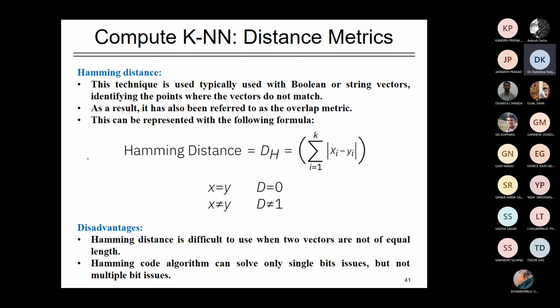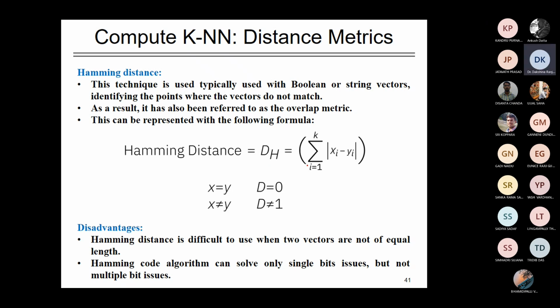If we consider two vectors of identical dimension, then we are trying to find the points where the vectors do not match. Okay, so here the pointwise comparison is done, and then we get the points where the vectors do not match. As a result, it has also been referred to as the overlap matrix. Okay, this can be represented with this formulation.